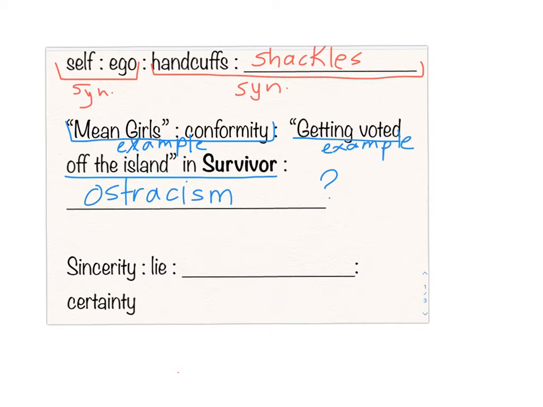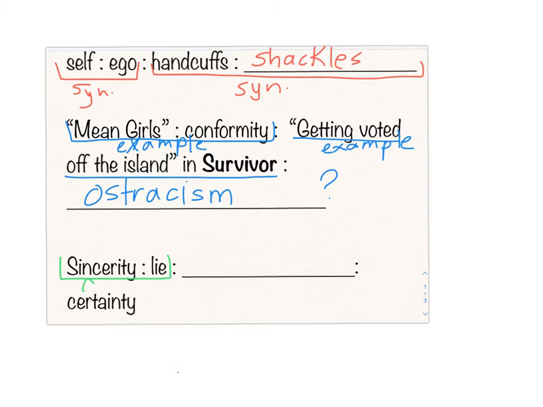In our last pair, we have sincerity is to lie. That's the word pair that I have to study, and I have to look for the relationship. Sincerity, I know, means truth or honesty. Well, if sincerity means truth and honesty, and it's paired with lie, lie is the opposite of truth.